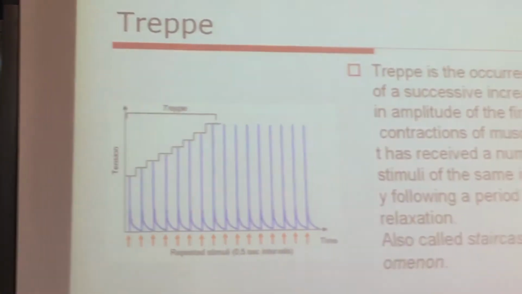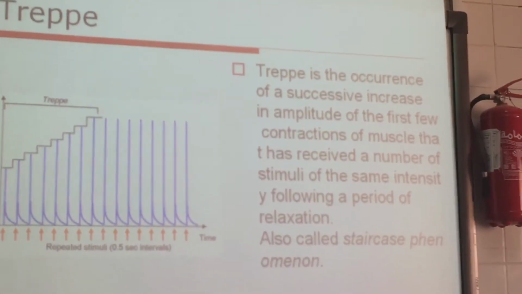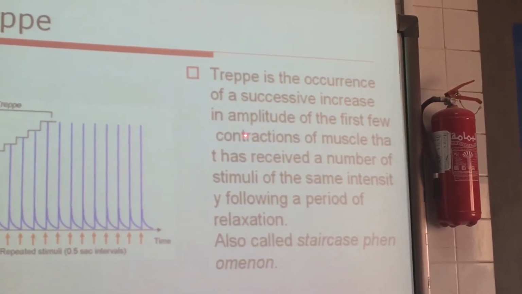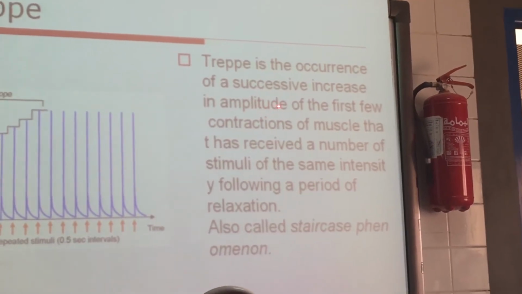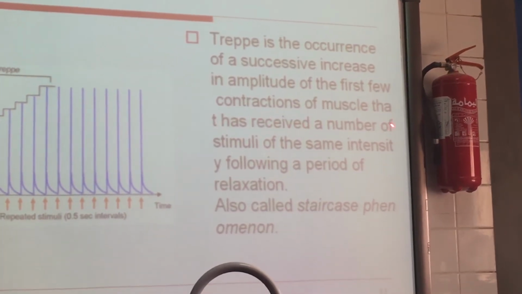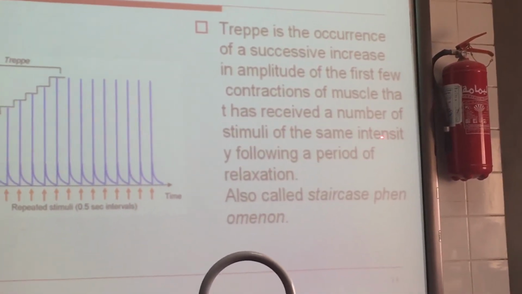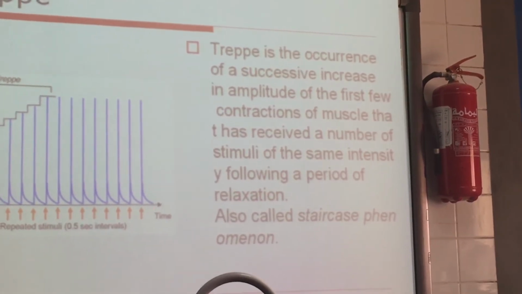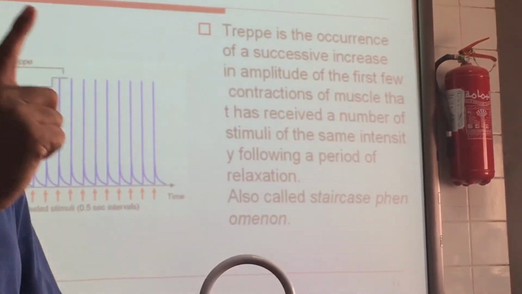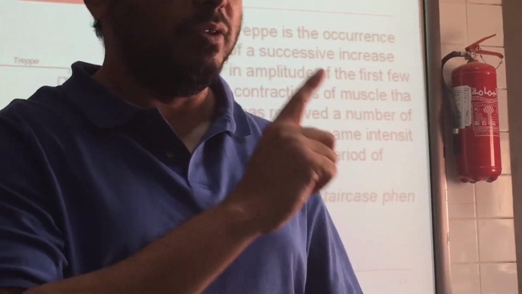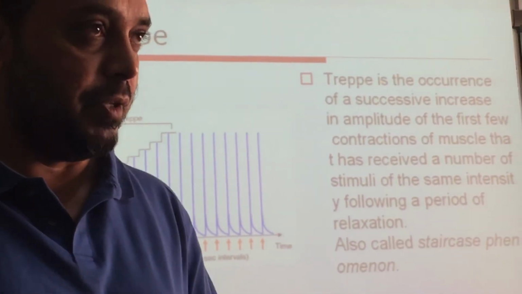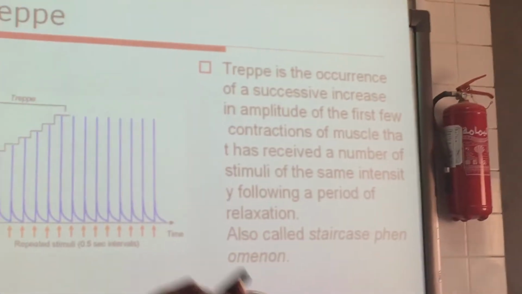Treppe is the occurrence of a successive increase in amplitude of the first few contractions of a muscle that has received a number of stimuli of the same intensity following a period of relaxation. So we are not changing the strength of the stimulus. We are only giving repeated consecutive stimuli, not increasing the strength. Okay? That is Treppe phenomenon.